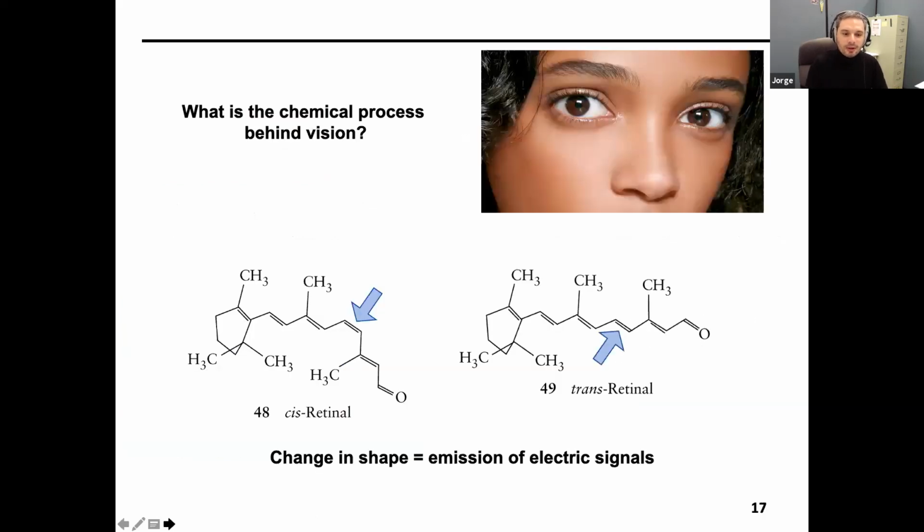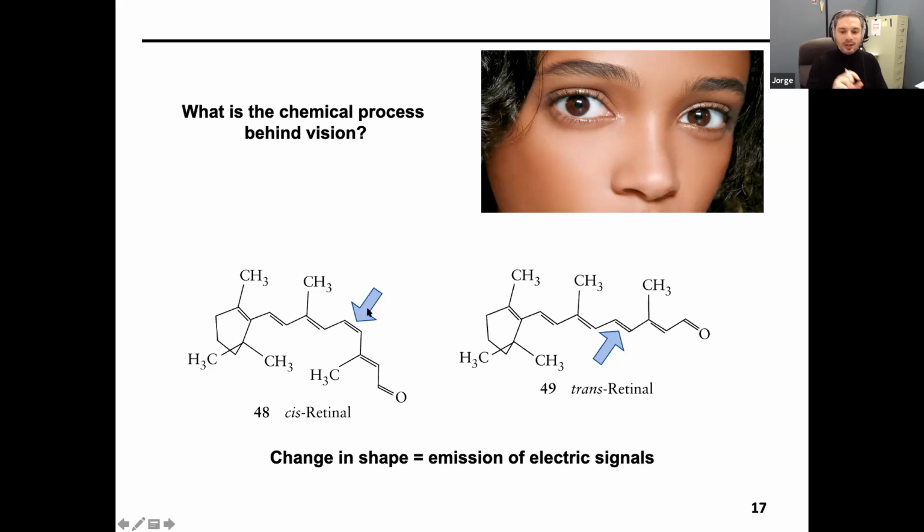And here, what's the chemical process behind vision? In your eyes, you have a compound called retinol, and this compound, looking at the configuration of this double bond here, can have the cis configuration or the trans configuration, and this change is caused by light. Once the light is removed, the compound will go back to cis retinol.